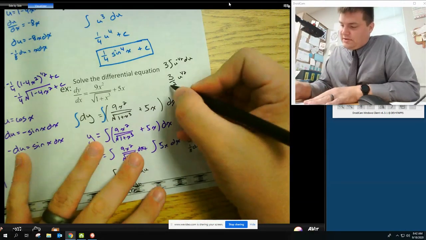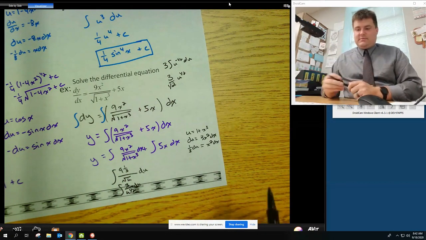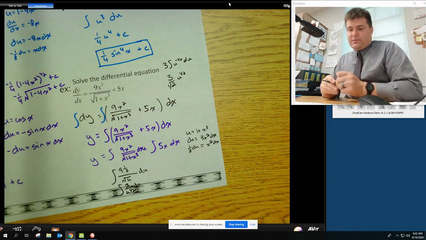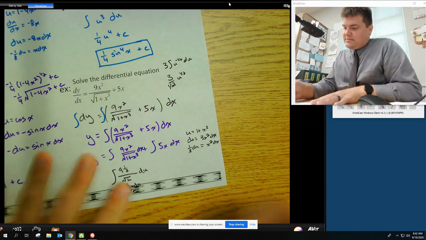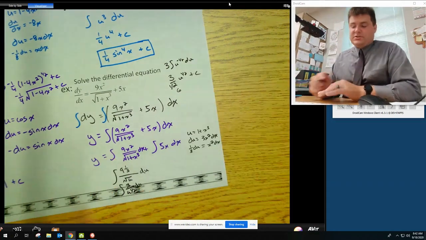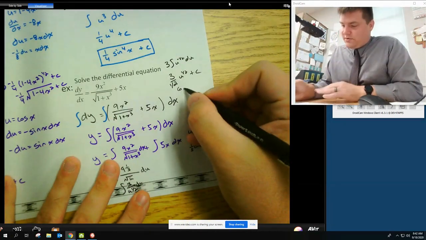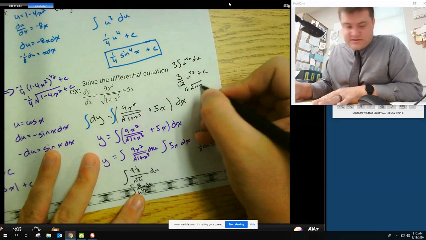Nope, 3 over 1/2. Almost got caught there. 3 over 1/2, which is going to end up giving me 6 with my plus c, of course. So 6 square root of, what was my u originally? 1 plus x to the third.